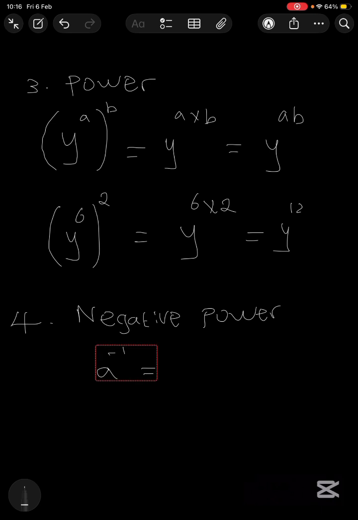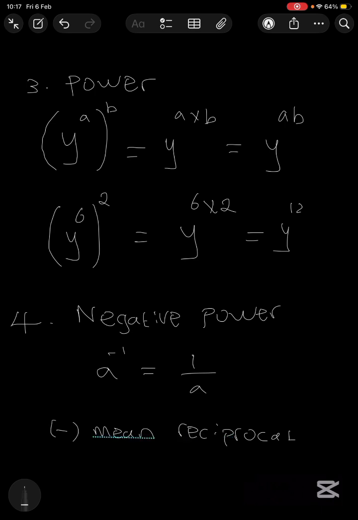So what is the reciprocal of a? It is 1 over a. So negative means reciprocal. For example, what is the reciprocal of 5? It is 1 over 5.